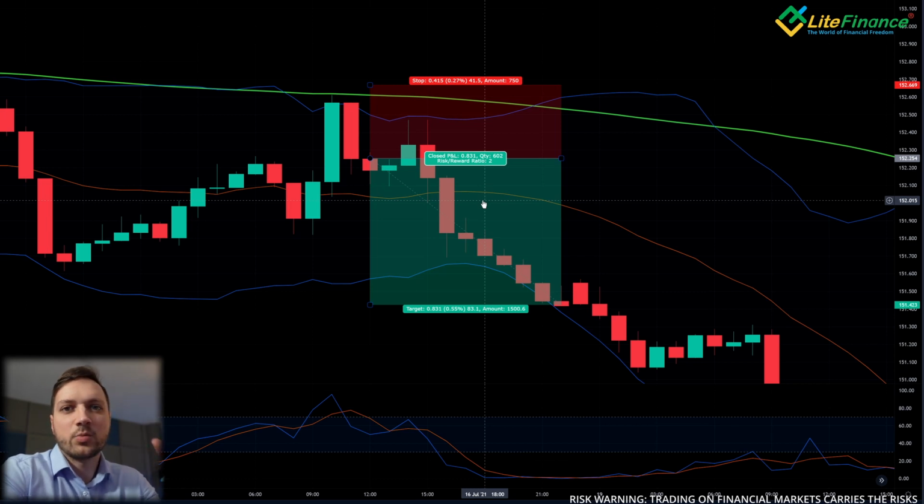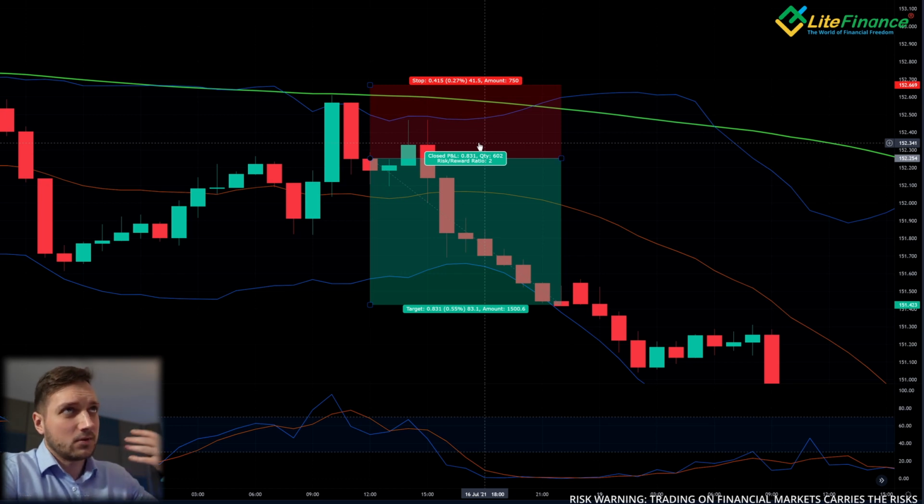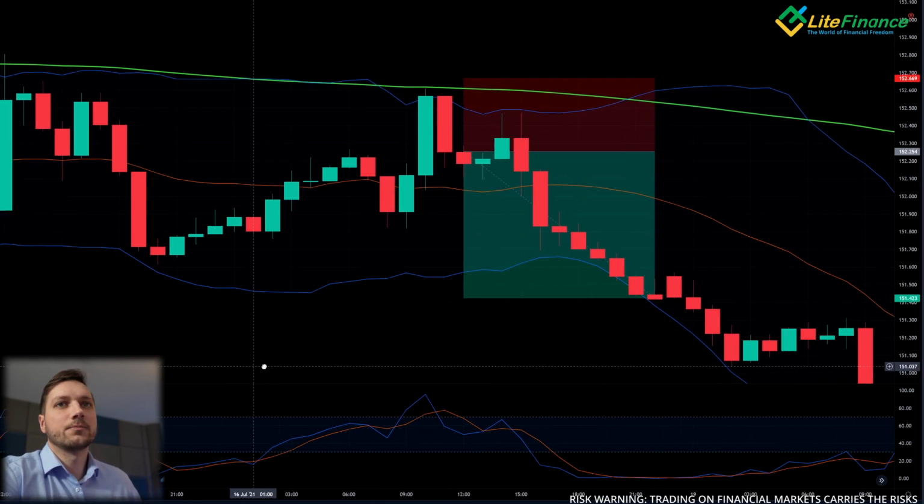So if we have, for example, 10,000 in our account and we risk 1% per trade, our stop loss will always result in a risk of $100 and a potential gain of $200. It doesn't matter how big the distance is from the entry to the stop loss. You will always calculate it with the position size calculator to adjust the volume according to your risk management. Therefore, it should always be $100. So this is the first example of a sell trade.